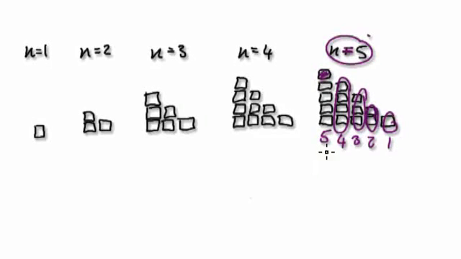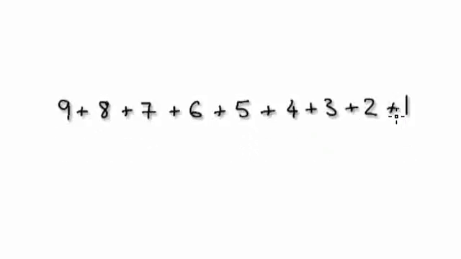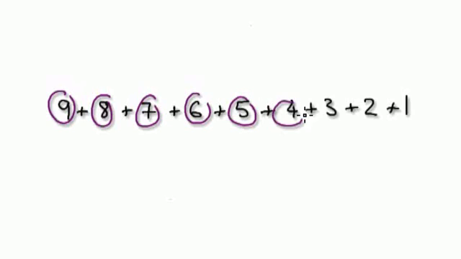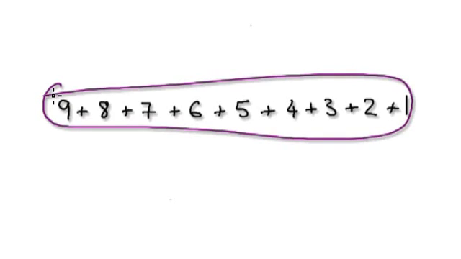So what you're actually doing is getting 5 plus 4 plus 3 plus 2 plus 1. Suppose when it's 9, you're getting 9 plus 8 plus 7, and so on, down to 1. So it's just a matter of summing up everything here.